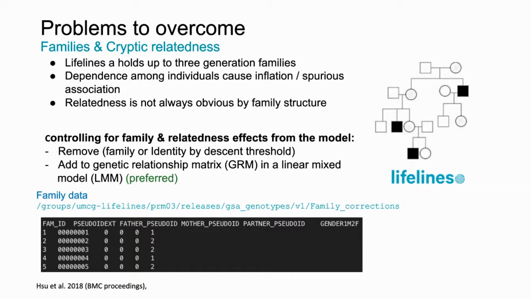But for this presentation, we just call it the genetic similarity. Then you can use that, and also the family structure, to define a threshold for where to remove people from your study so they don't inflate your variant frequencies.